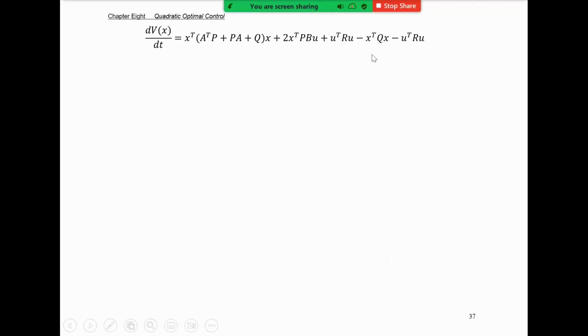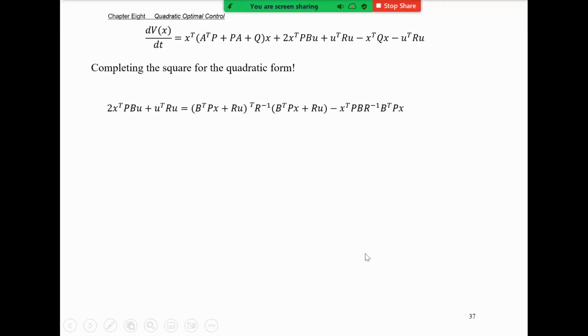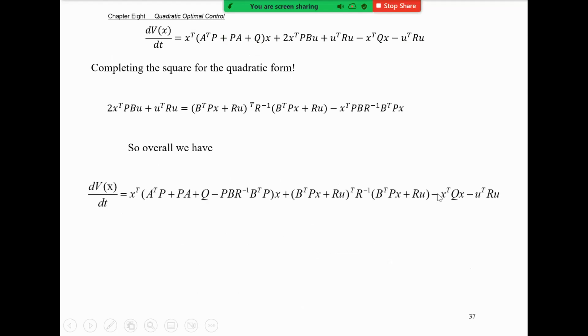All right, this is the original form. We complete the square, we get this one, and then we plug it in. So this will be the final form for the change rate of V, the Lyapunov function.